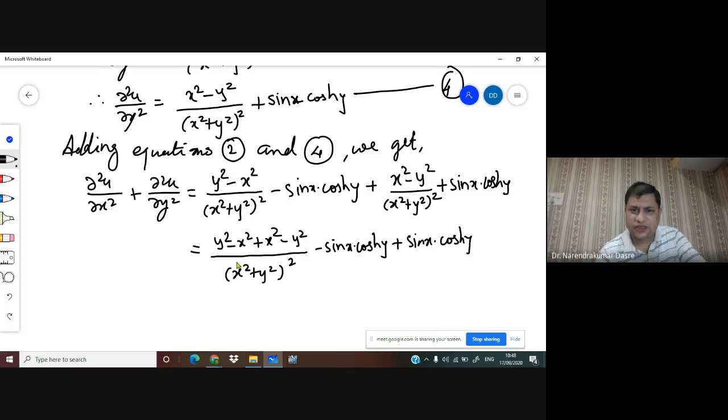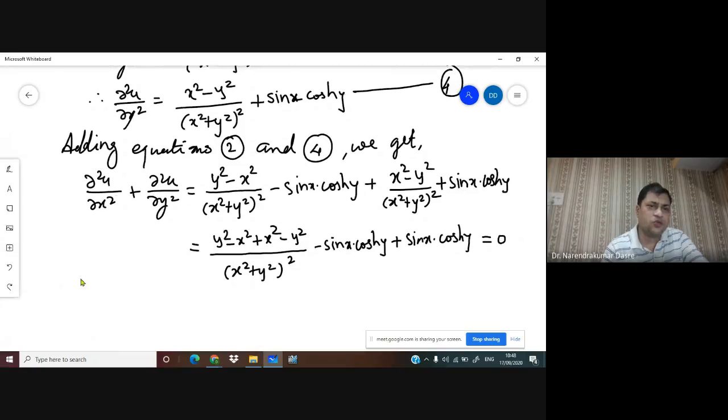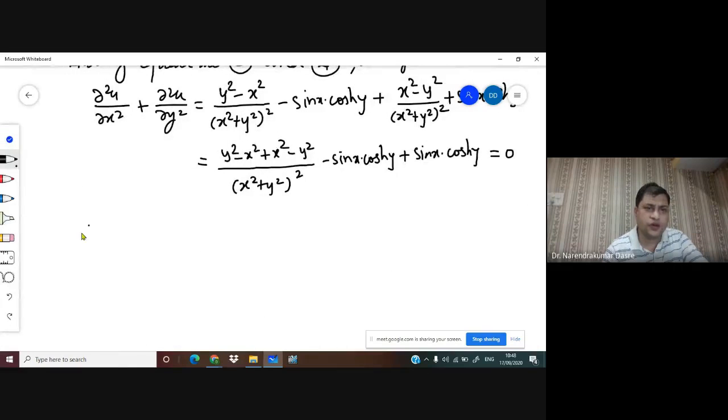So this term will get cancelled with this term, this x² will get cancelled with this x², and here we have minus y² and this is plus y². So this is going to be 0. So what we got is ∂²u/∂x² plus ∂²u/∂y² equal to 0.